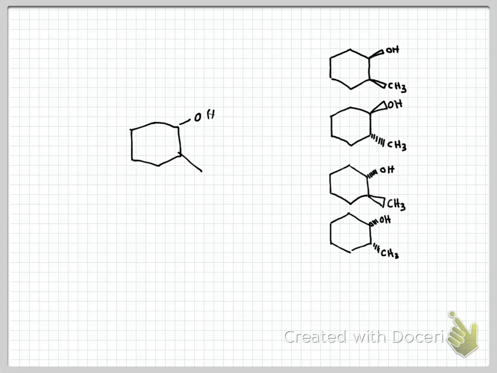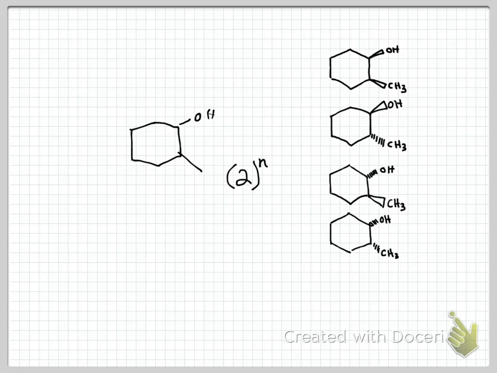So those are the 4 stereoisomers. Now, remember the rule, the little formula I gave you, 2 to the n. Every stereocenter gives you another pair of stereoisomers. So if you have 2 stereocenters, you'll end up with 4.